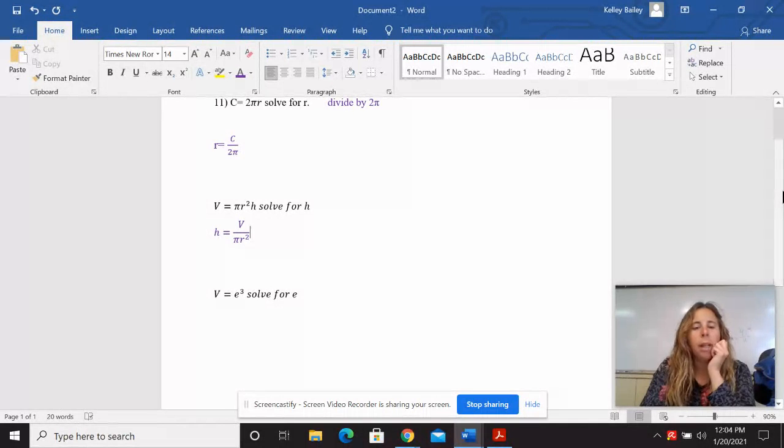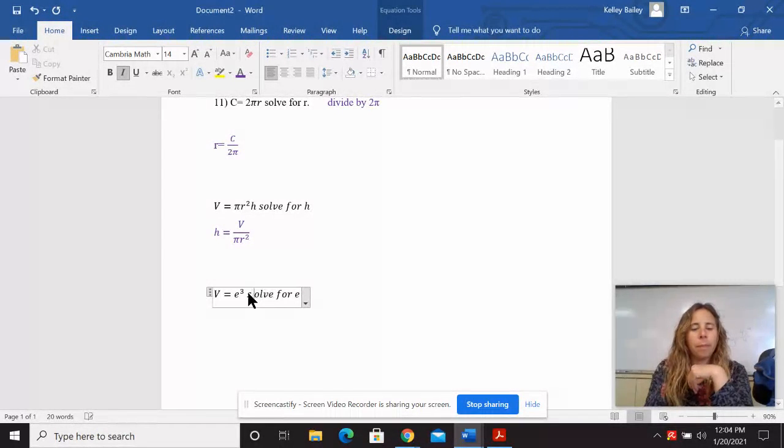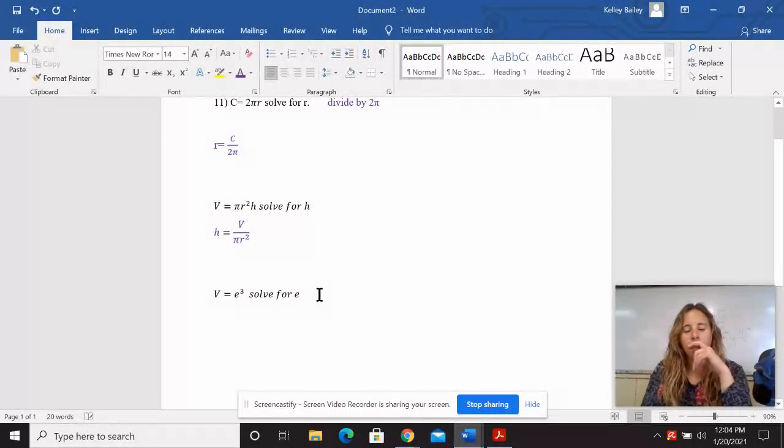This last one, you're going to solve for e. So V equals e cubed. So solve for e. What do you think you're going to do? It's e raised to the third power. How do you undo raising something to the third power?